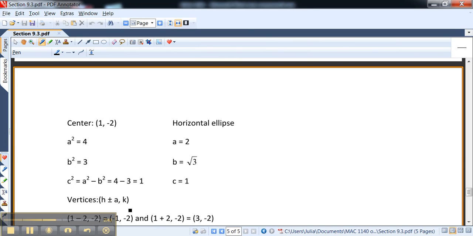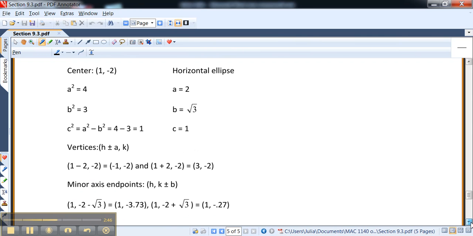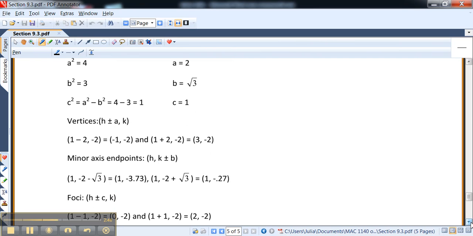Now, I conveniently followed the formula, but again, we didn't really need to. But because the major axis is on the x-axis, we only changed the h this time, and that's how come I subtracted the 2 and I added the 2 to the x only, and that's how come I got the vertices.